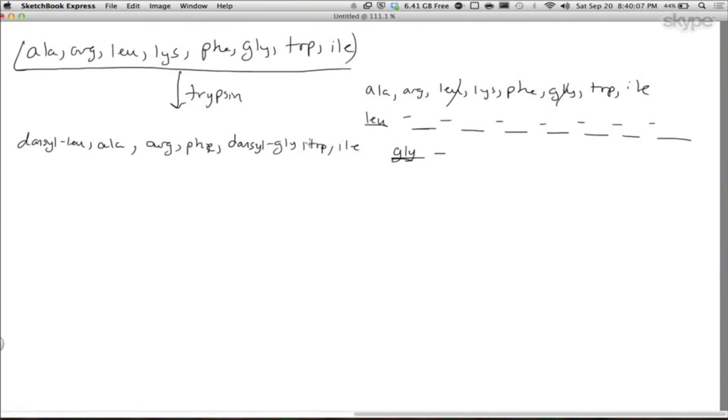We reacted with trypsin first, so it should be leucine, arginine. All right, now let's back up. Take a look at the problem again. What's the first clue in the problem? Trypsin was not the first clue. What was the first clue they gave us about the structure? Chloride gives no reaction. What can we deduce from that? It's circular.